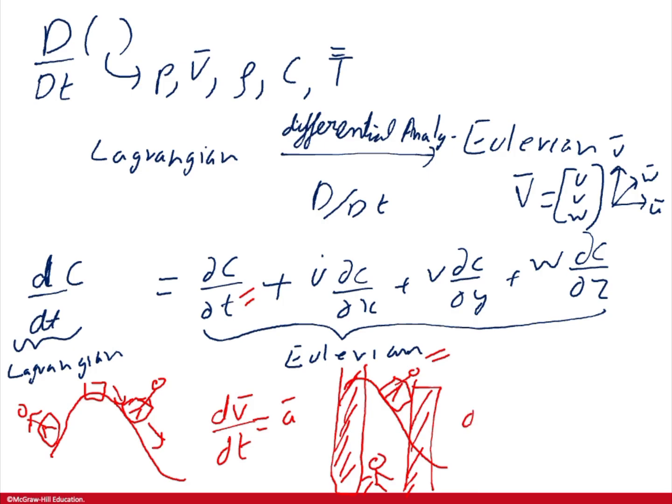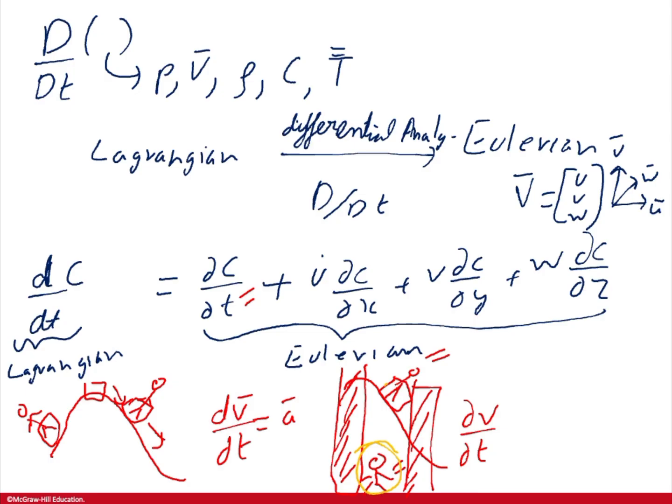Now if you're in the Eulerian perspective and you start trying to compute these terms, the first term talks about dv/dt, the change in velocity with respect to time. For this person sitting outside, will this velocity be changing with time if he's looking at the same position every time?